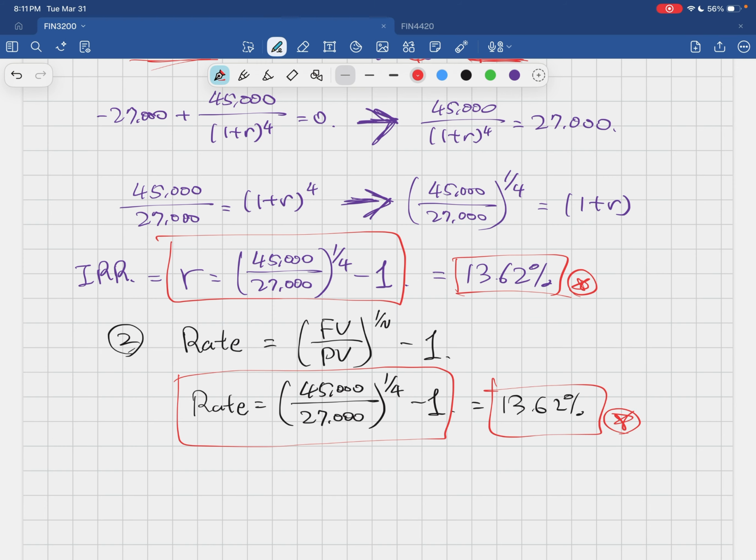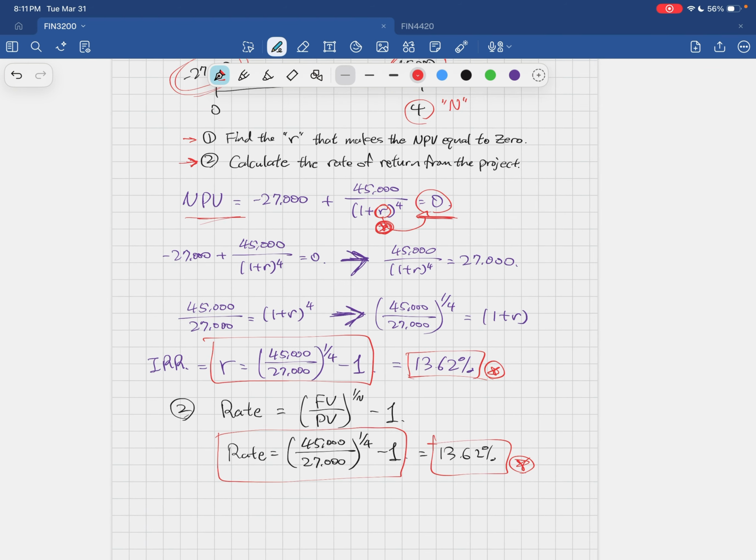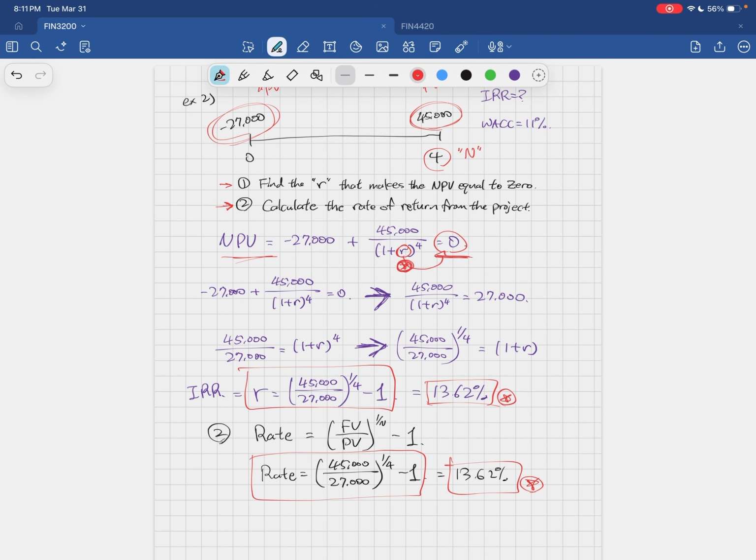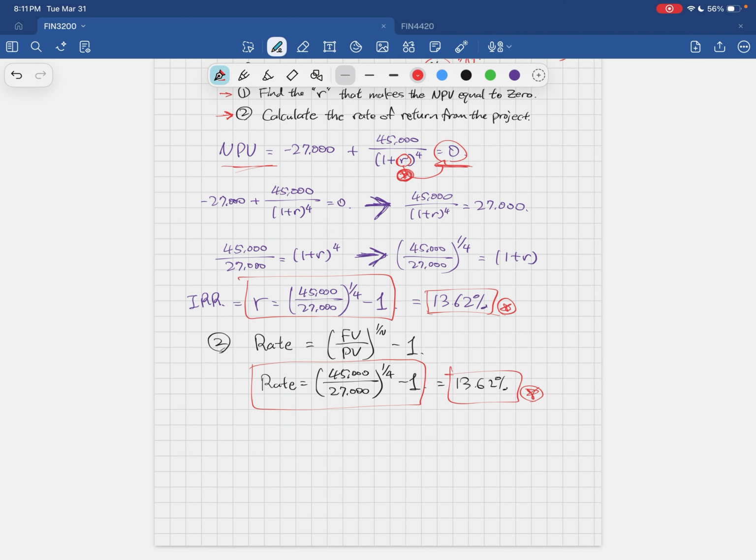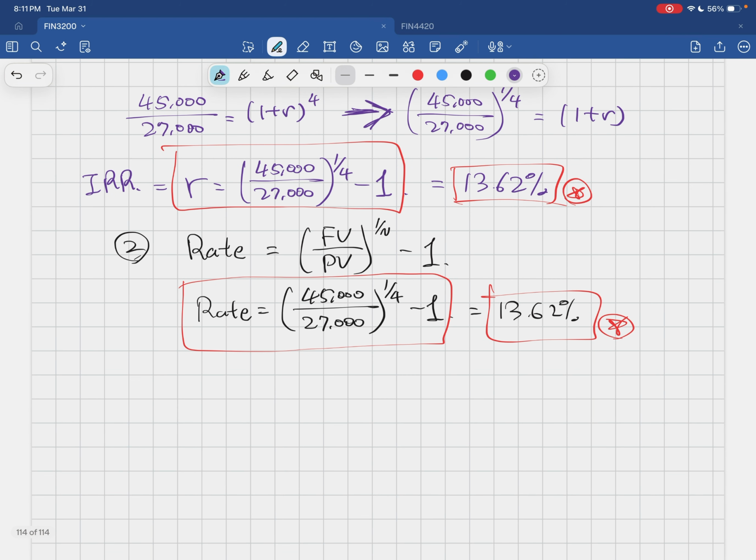So the IRR is 13.62%, and the problem asks, if the WACC is 11%, should you accept the project? Okay. So the decision rule was, if the IRR is greater than the WACC, then you accept.